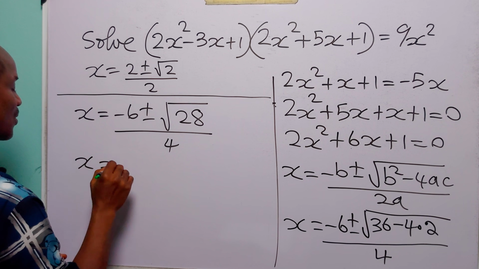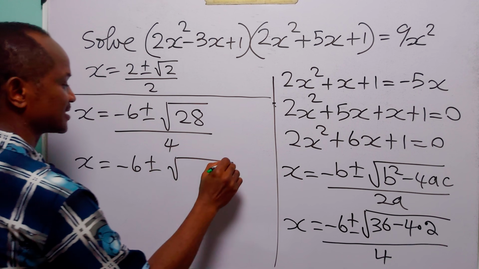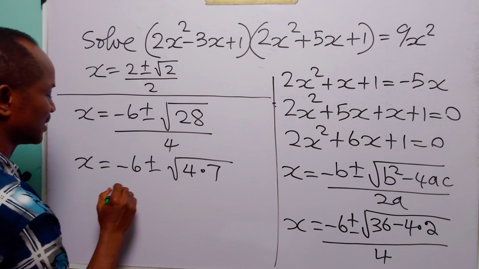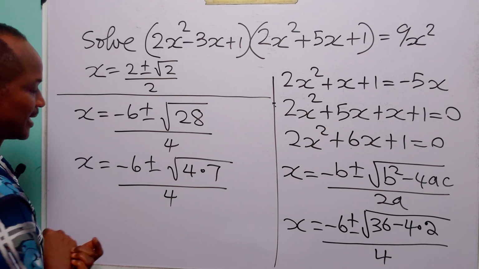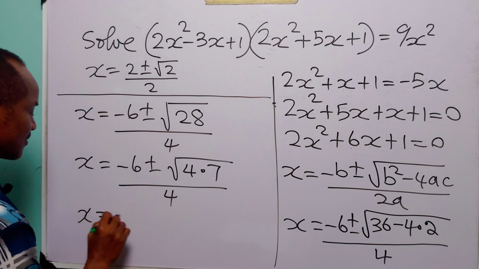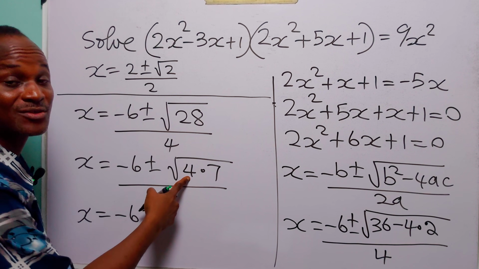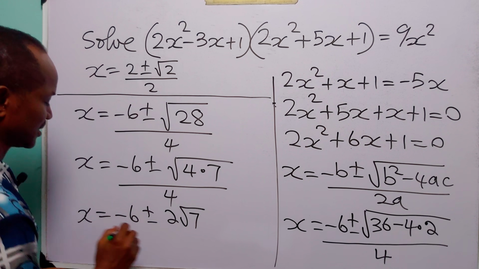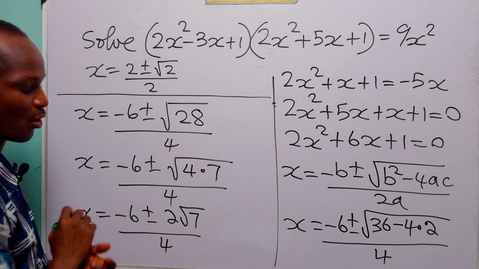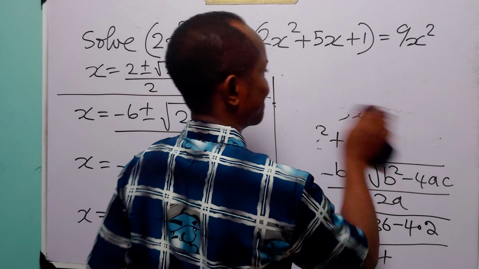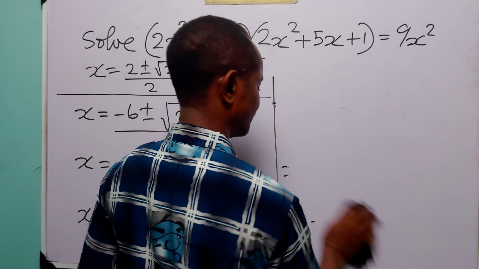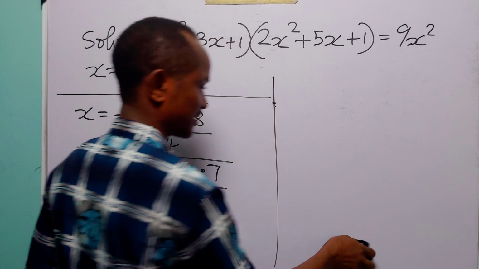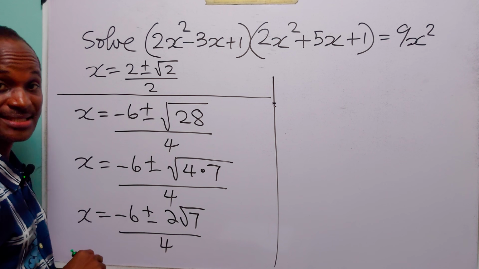Now, x is equal to minus 6 plus or minus the square root of 28, which is 4 times 7, and of course, everything is divided by 4. x is equal to minus 6 plus or minus the square root of 4, which is 2, and we have root 7 divided by 4. And once more, I am reminded why I prefer completing the square method. We can factorize this numerator.